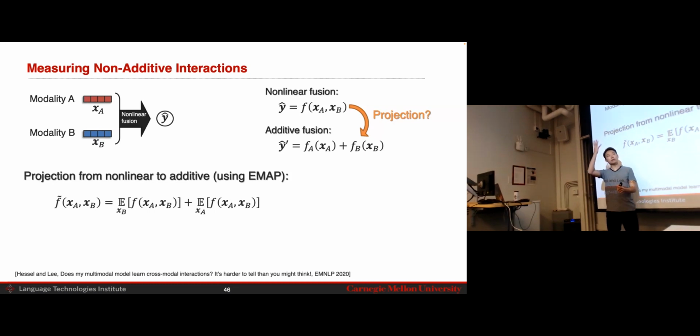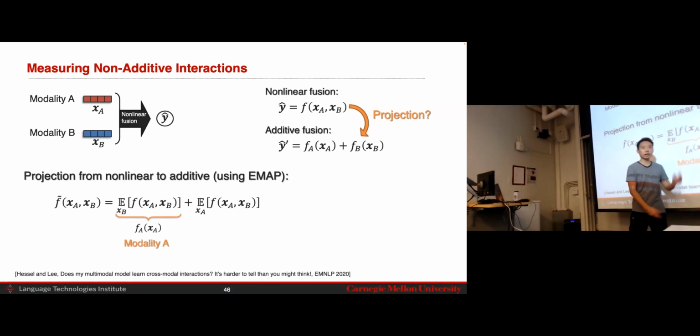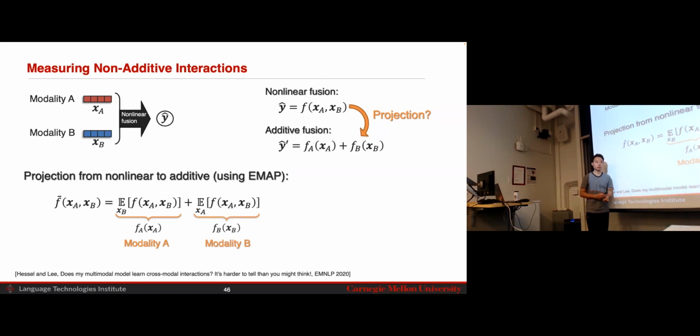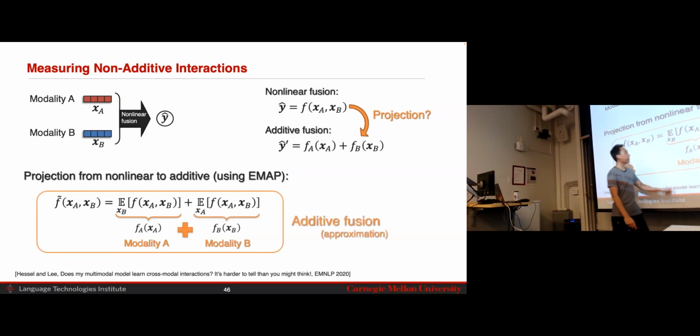So marginalize over xB, and that gives me a function that depends only on xA, modality A. I'm going to take that same nonlinear model, and I'm going to take an expectation over xA. That will marginalize xA out. That gives me a function just depending on xB. And this is basically my approximation for my original model. So if this approximation is equal to my original model, that means my original model only learned an additive function. It's nothing more than an additive function. If this approximation is very far from my original model, that means my original model learned much more than this additive function. Make sense?